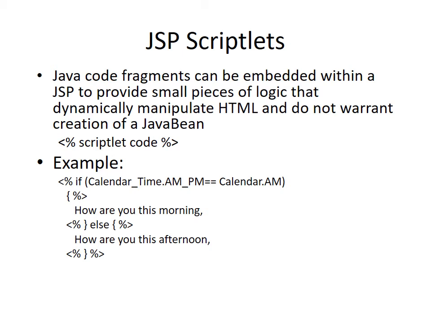Of course, this can be done using the out implicit object, out.println. But if I am not using the implicit object and I want to use HTML directly, then I close the scriptlet and start it again. My start of if was there, then the end of if, else, start of else, and then I close it because again I am going to use my HTML tag.